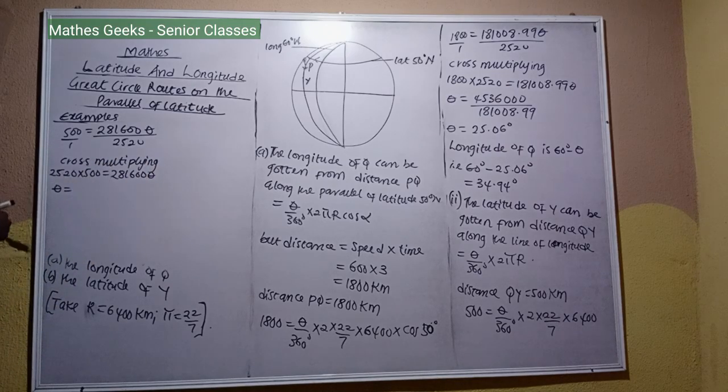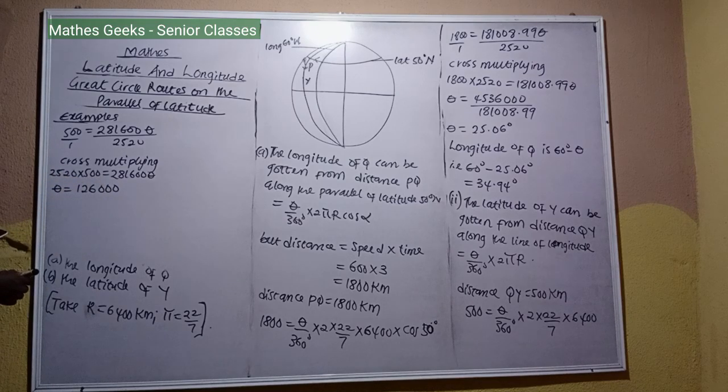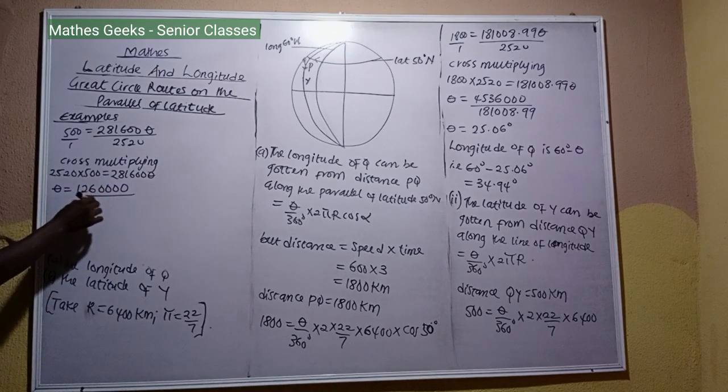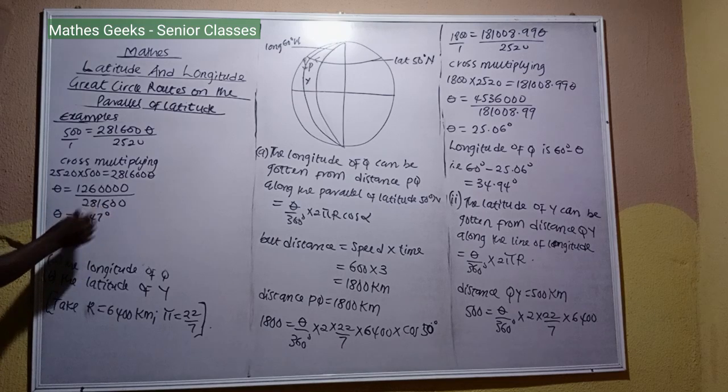So theta is equal to 1,260,000 divided by 281,600, which is 4.47 degrees.